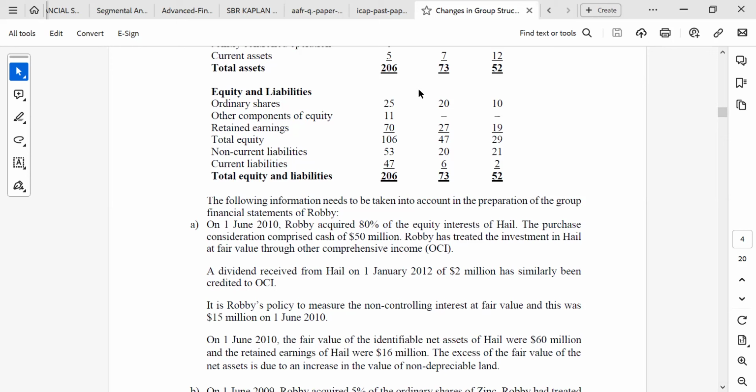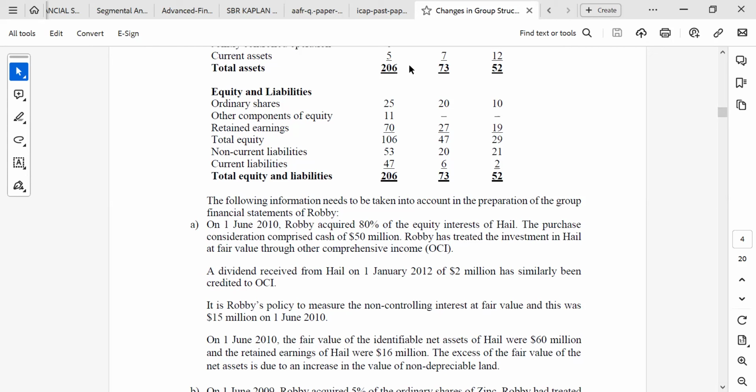On 1st June 2010, Ruby acquired 80% of the equity interest in Hale. The consideration comprised cash of $50 million. Ruby has treated the investment in Hale at fair value through other comprehensive income, OCI.